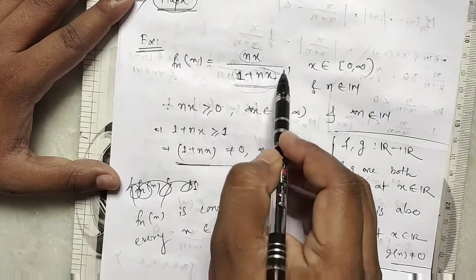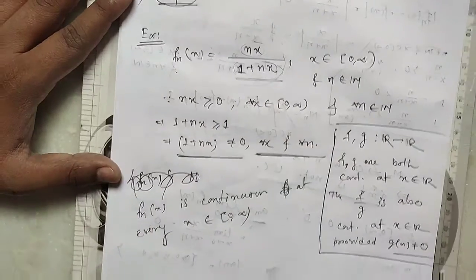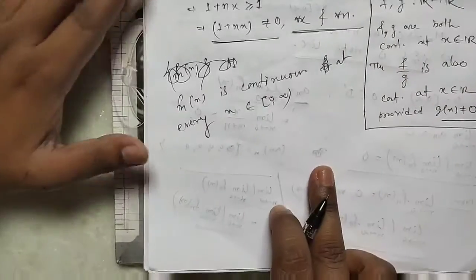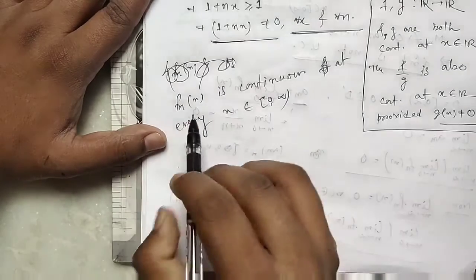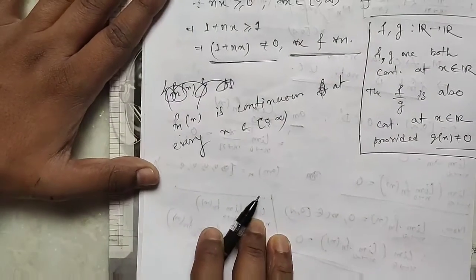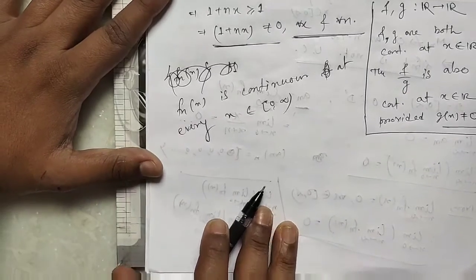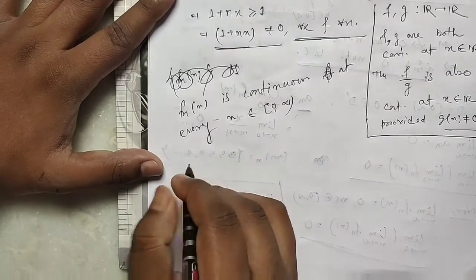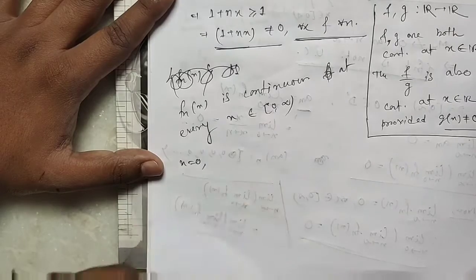But this is not uniformly convergent. Now we prove that this is not uniformly convergent. How do we prove it? We found that each f_n is continuous at every x. Now we find the limit function.